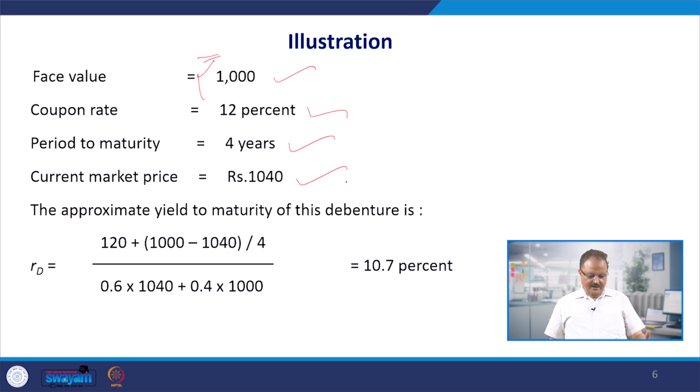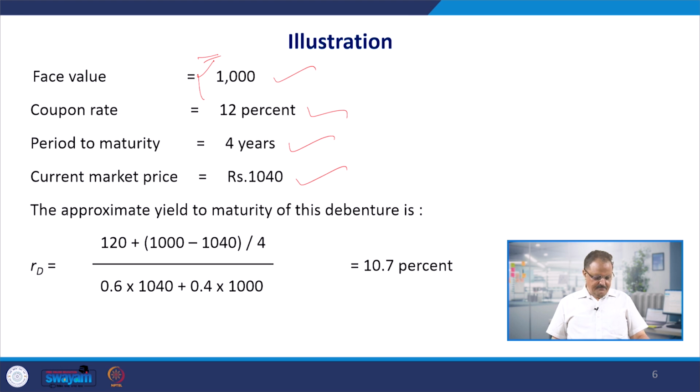The bond's face value is 1000 rupees, but it is currently selling for 1040 rupees because of bond market trading and changes. So current price is 1040.